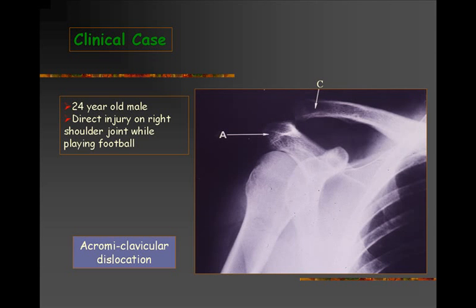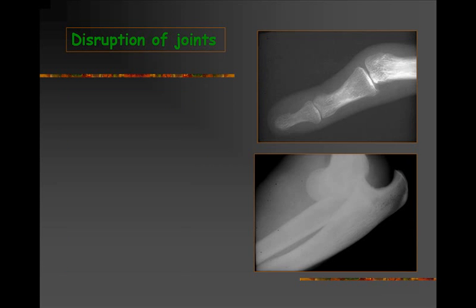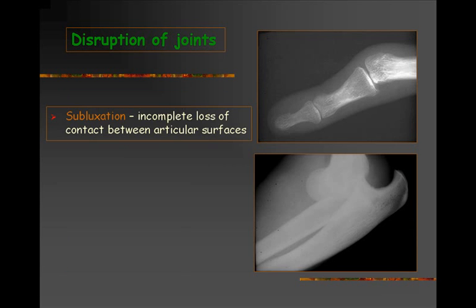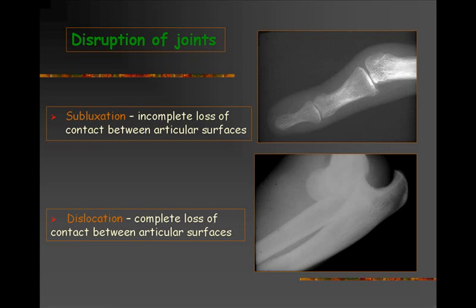All joint disruptions can be classified as a subluxation or a dislocation. A subluxation is defined as an incomplete loss of contact between the articular surfaces. In this example, the articular surfaces here, which make up this particular joint of the finger, are partially opposed.